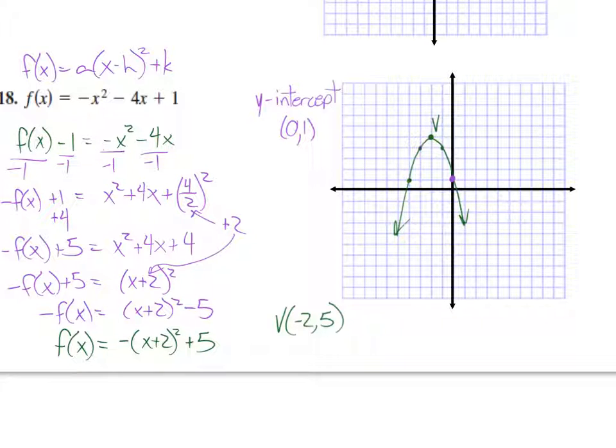So we're going to have 0 equals negative x plus 2 squared plus 5. By the way, you could do this using the original function as well. If you saw that it factored, you could go ahead and do that. This one's not going to factor.